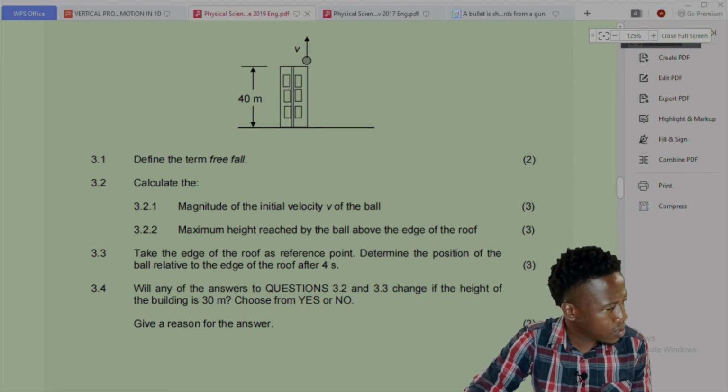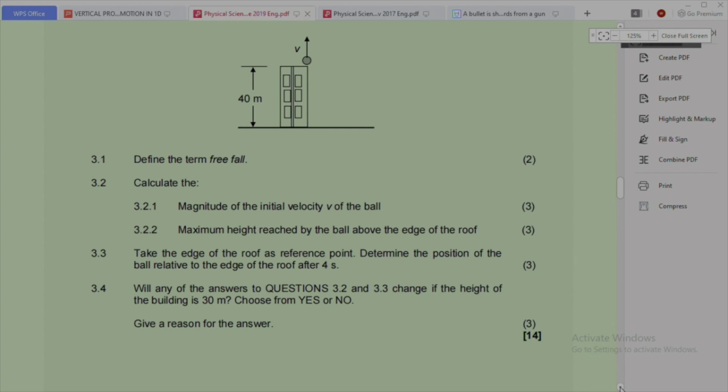They say, let's look at 3.4. They say, will any of the answers to question 3.2 and 3.3 change if the height of the building is 30 meters? Choose yes or no and give a reason.